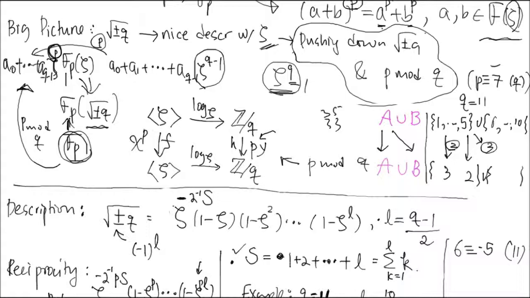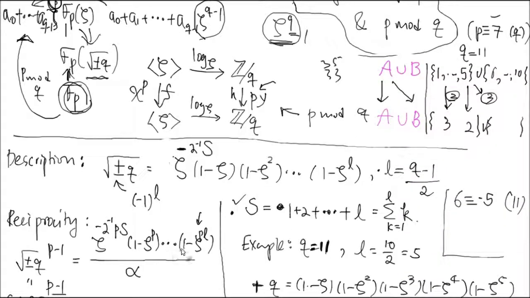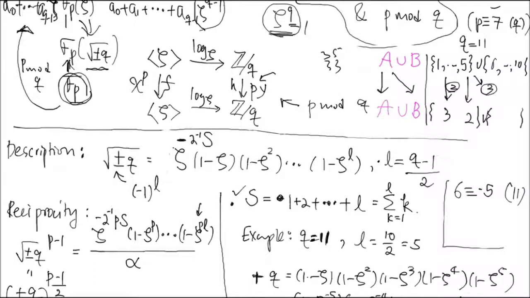So if you look at this situation, Q is 11, and P is 7 mod 11, then if you multiply P and everywhere, you will see 2 and 3 show up again, but the other 3 numbers have exponent bigger than 5, right? But what do you do about that bigger than 5 part? You flip that sign, right? If it is a 6, you go to negative 5.